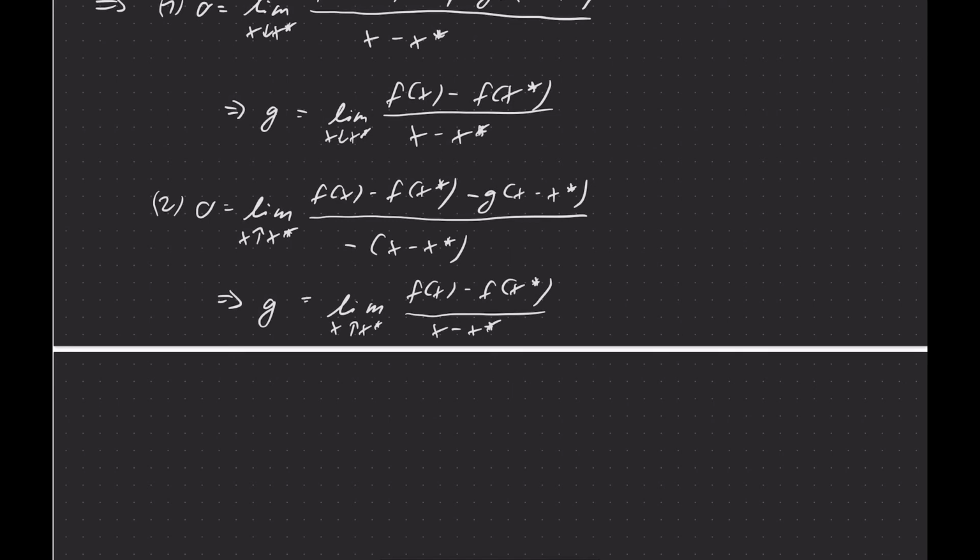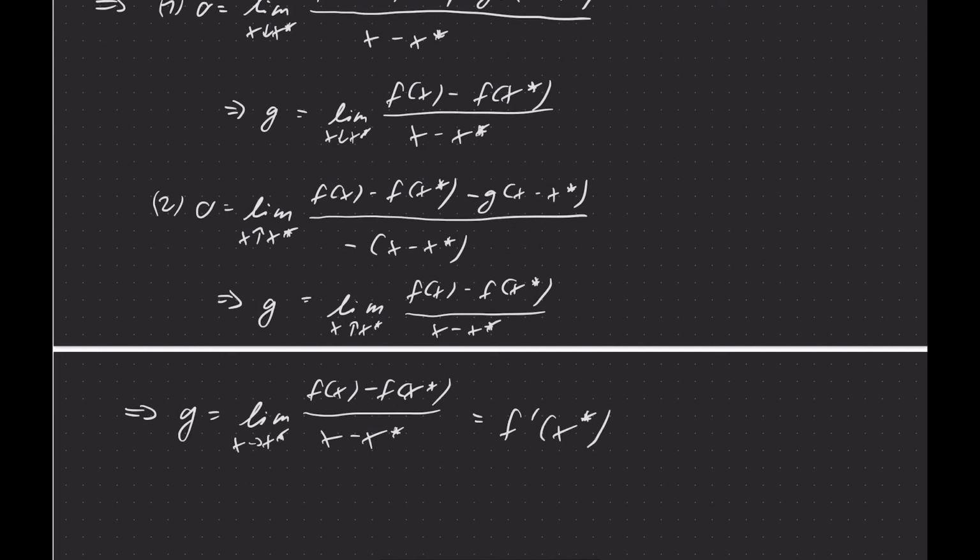So the limit agrees, and that means g is exactly that limit. And that, by definition, is the derivative, the one-dimensional derivative of f at x star.